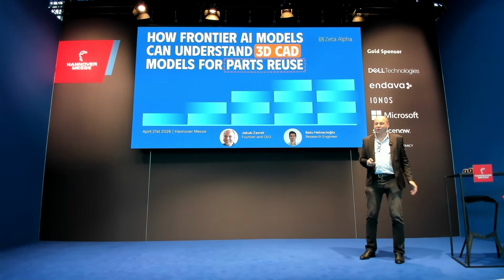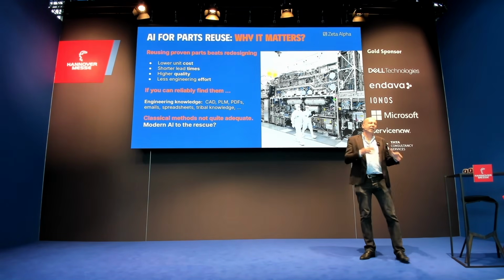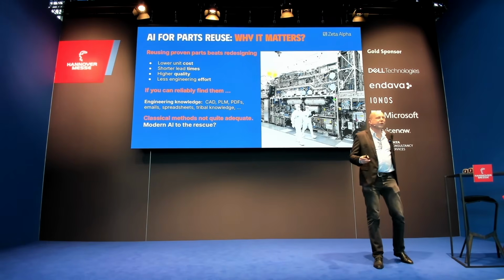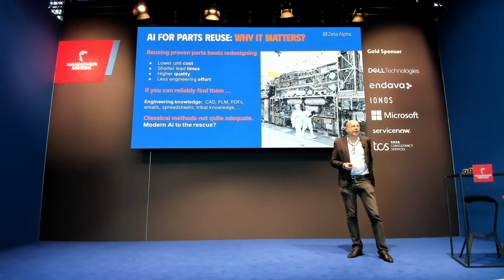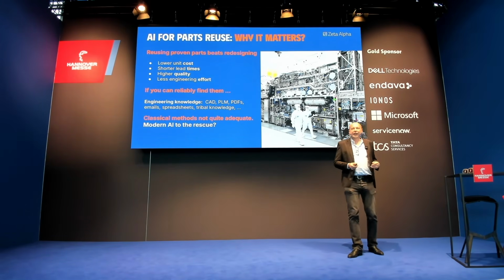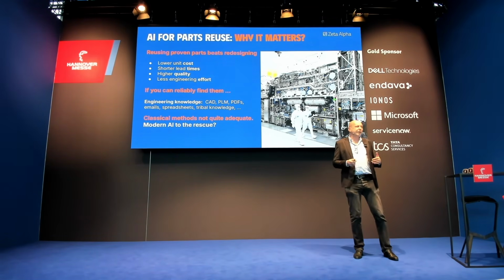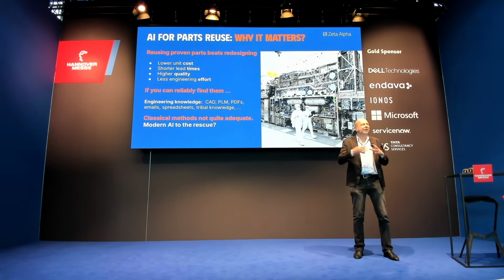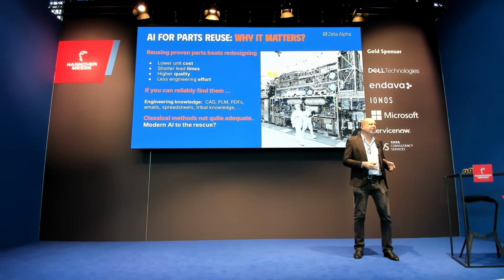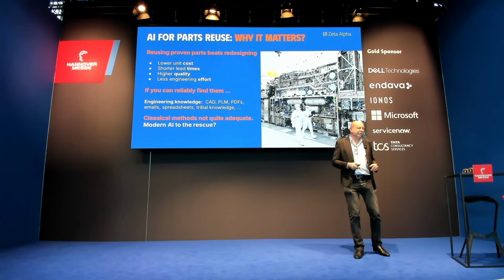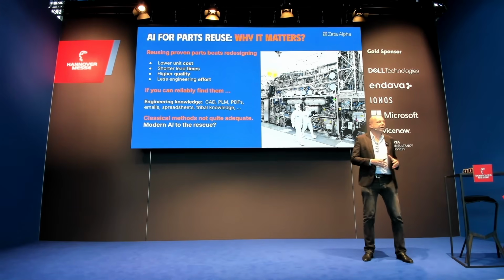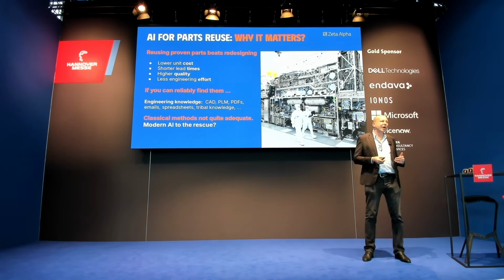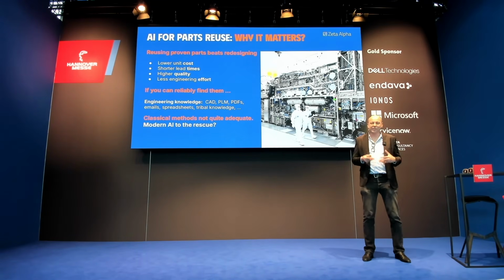So let's dive in a little bit into why part reuse is the use case that we want to focus on. In engineering organizations, it's generally the case that reusing proven parts beats redesigning from scratch, right? There's a couple of very good reasons for that. If you are reusing parts, you have higher volumes and less stock to keep, so it leads to lower cost.